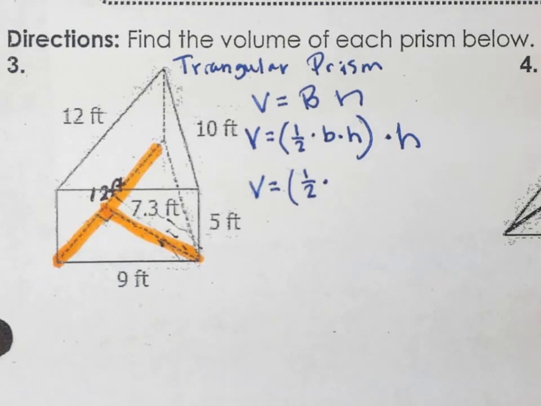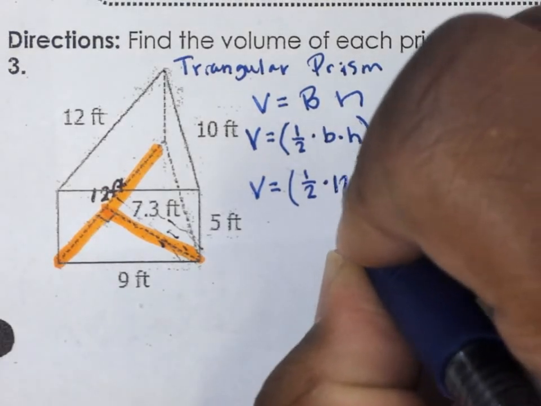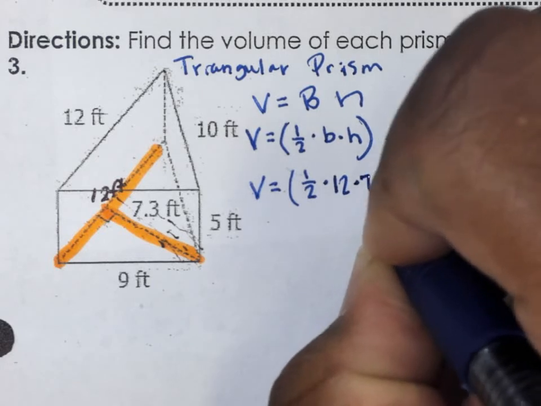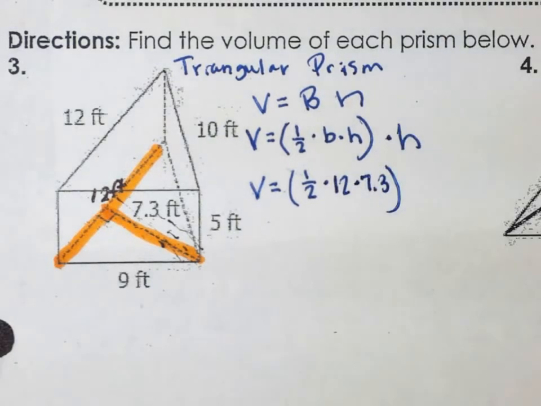If that's the case, then the two numbers I'm using are 12 times the height of my triangle, which is 7.3. That's all in parentheses. And then what's the height of my prism? Y'all just guessing numbers. What did it say height will be? H is what? Height between the bases.